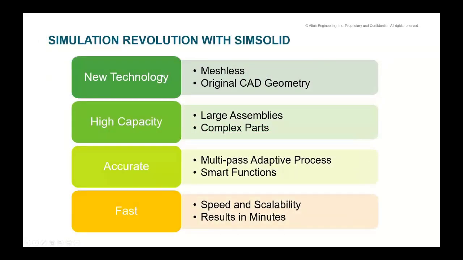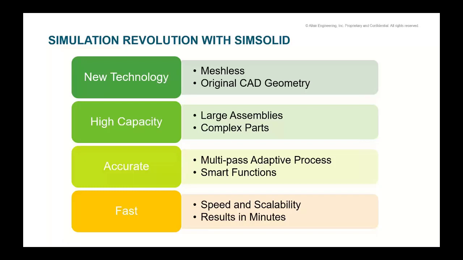So the way in which it works, like we said, is the new technology is meshless, so you don't need to do any of the meshing itself. And on the original CAD geometry, what it will do is apply those high-order differential equations. It works in high capacity, so you're not limited to looking at just the one part. You can look at a large assembly of different complex parts as well. It is accurate, so just because it's quick does not mean it's dirty.